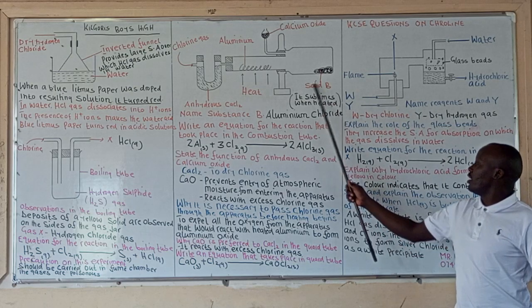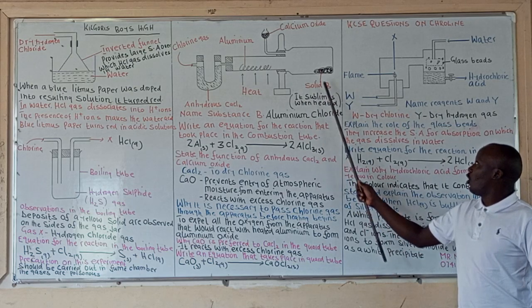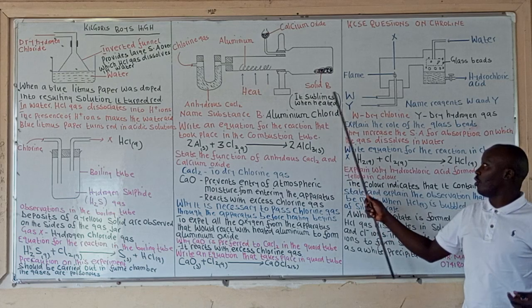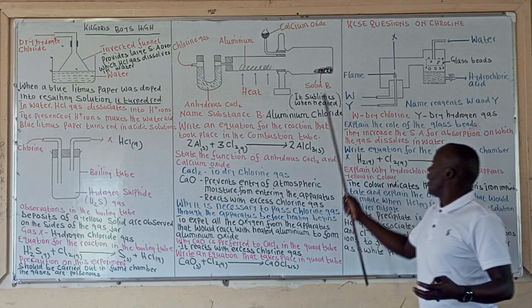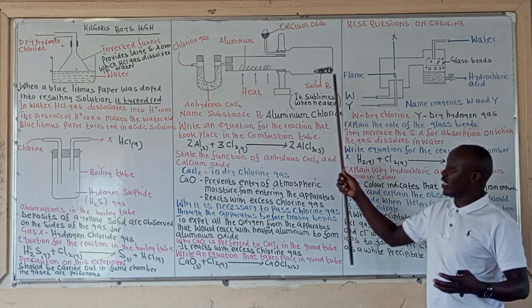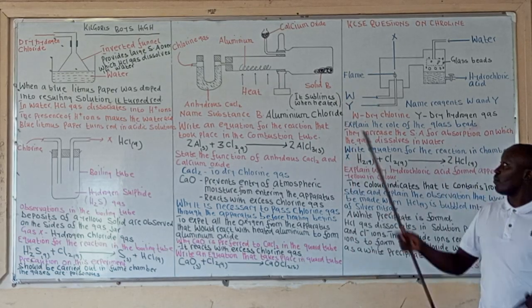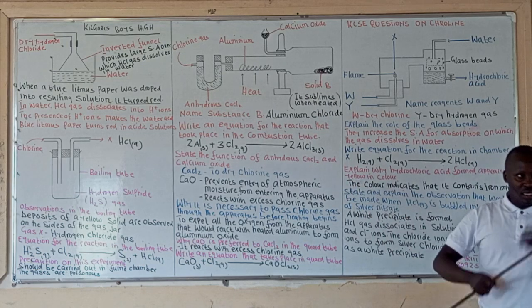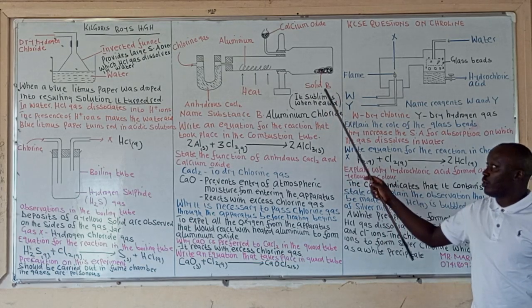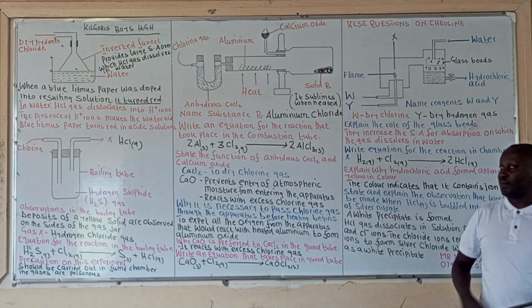And aluminum chloride collects at this far end here because it sublimes. So we will be asked to give the property that makes this solid P be collected at this far end. You just say it sublimes when heated. That is the property that makes this solid to be collected here.